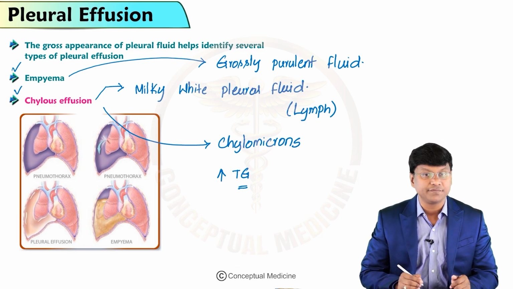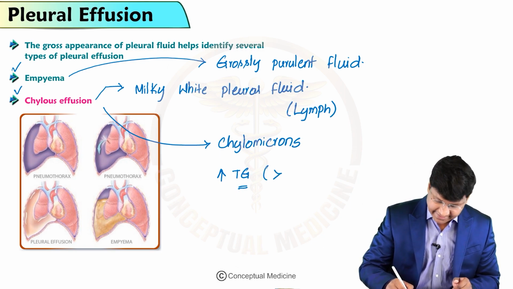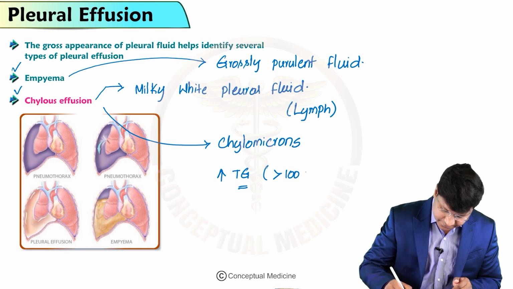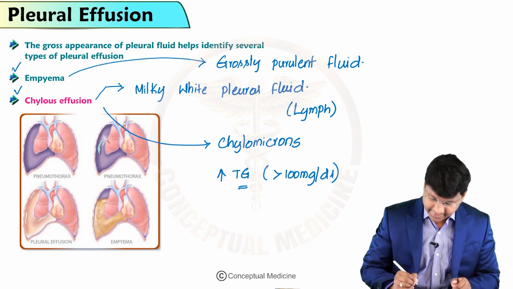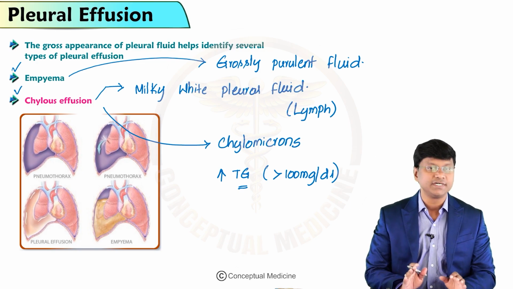And what should be the quantity of the triglycerides? That should be more than 100 milligrams per deciliter. That is what you mean by the word chylous effusion.